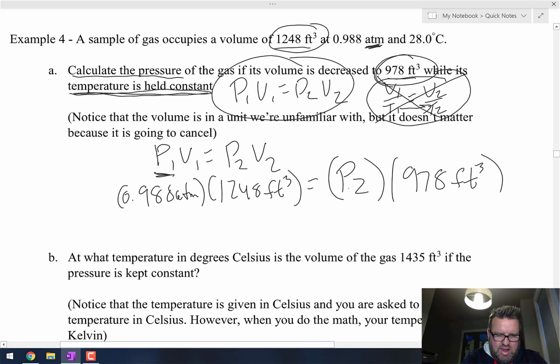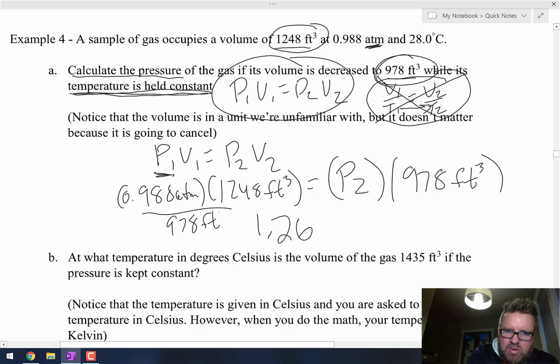So 0.988 times 1,248 divided by 978, lots of 9s and 8s there, not squared, gives me an answer of 1.26. And again, by dividing by those 978 cubic feet, notice that cubic feet and cubic feet cancel. So the answer is just in atmospheres.